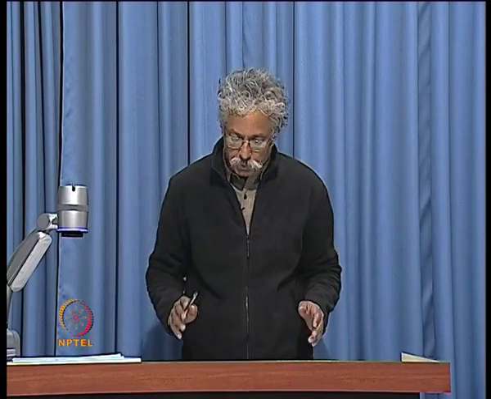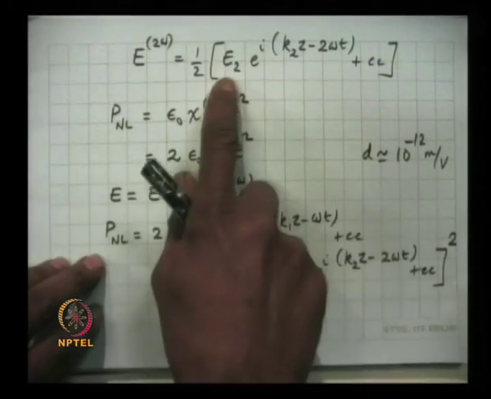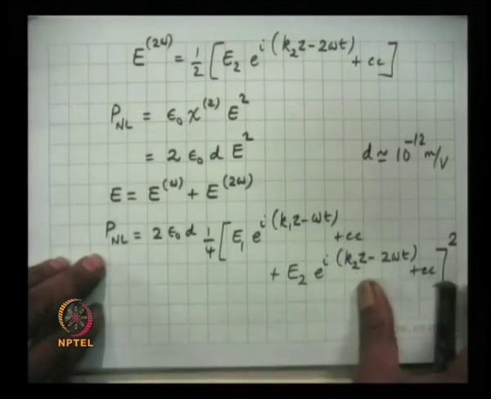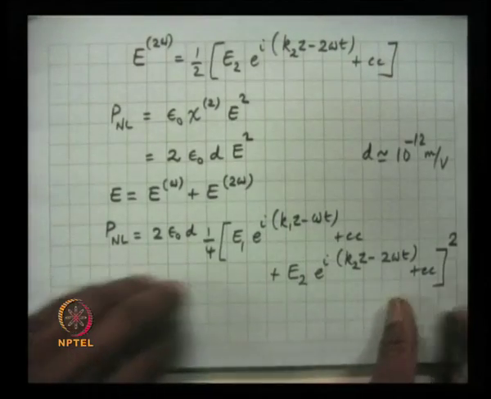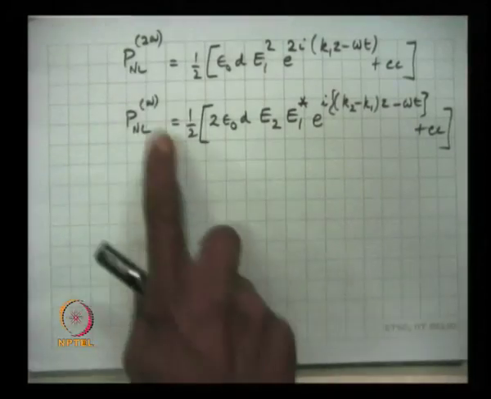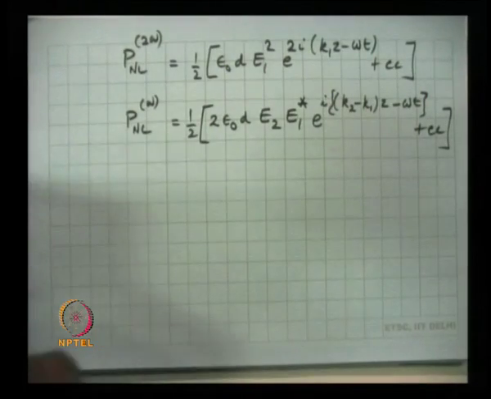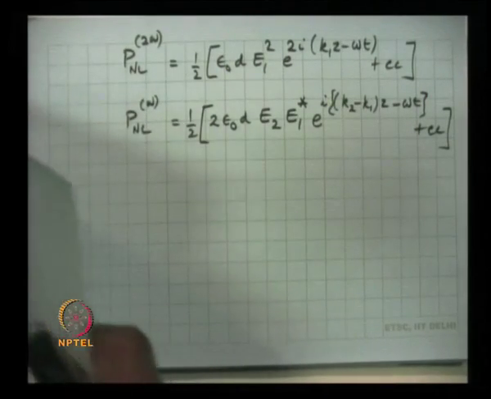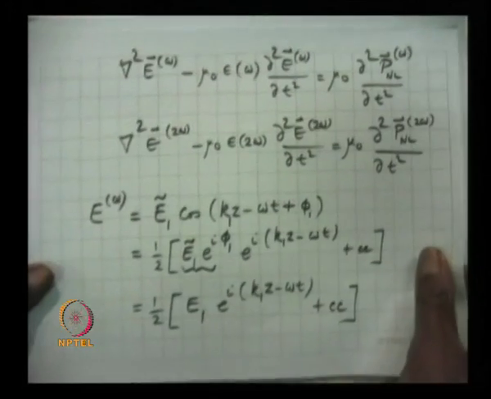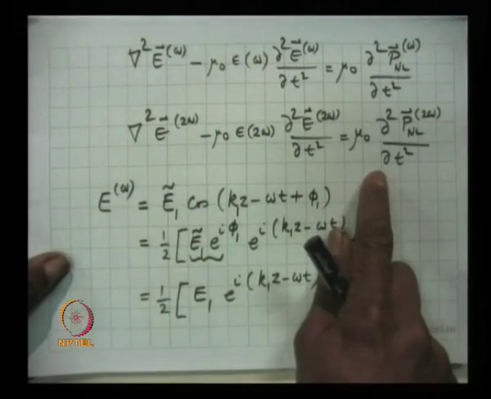So, the problem is very simple now. This is the expression for E 2 omega, E 2 is a function of z. This is the expression for P nonlinear at 2 omega, and this is the equation at 2 omega.